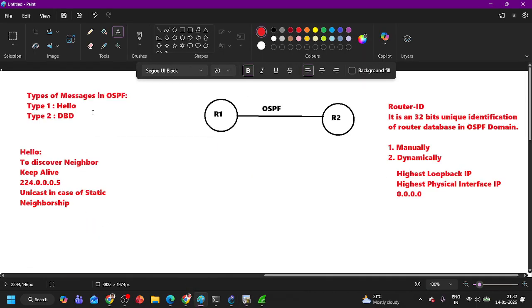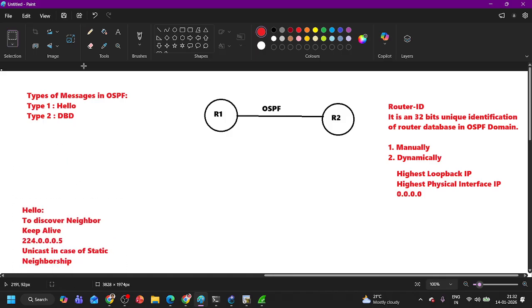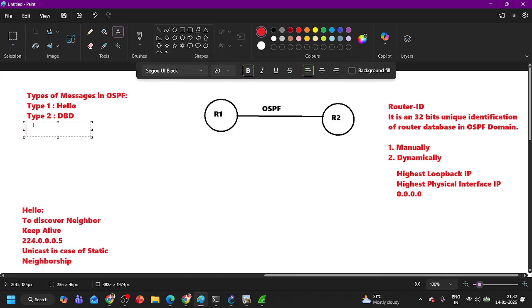Now, see, there are two things. First, types of message. In types of message, we have seen the hello message. Second message is DBD message. Type 3 message is your LSR. Like I told you, a router is going to send the description to its neighbor, and the neighbor will send a link state request, right?